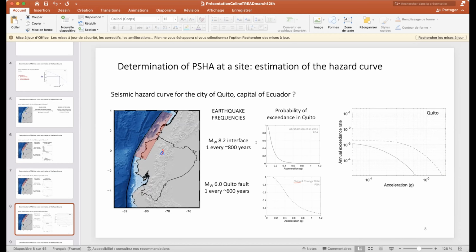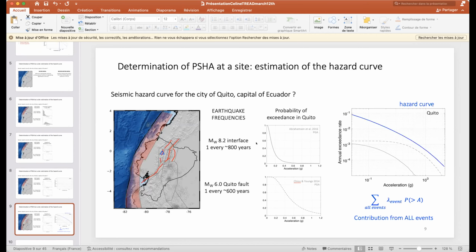The exceedance rates related to the magnitude 6 earthquake are larger than the rates related to the subduction event. So the hazard curve in blue is obtained by summing the contributions from all events able to generate ground motion in Quito, these two events plus all other events.